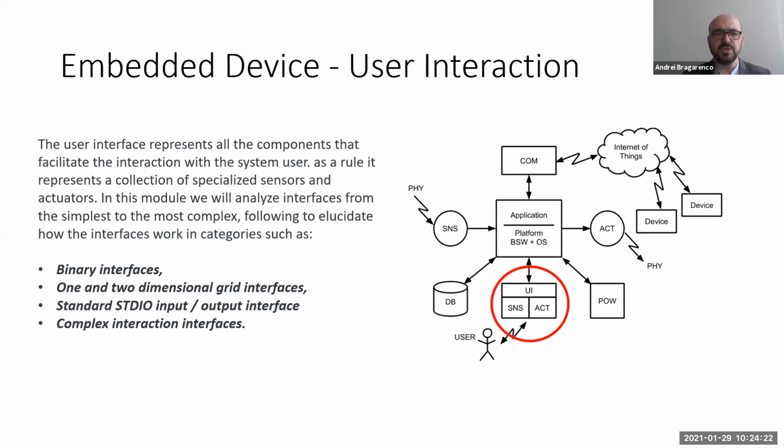We can use standard input-output to redirect the user interaction interface. That means we can have information from the keyboard or from a remote keyboard, via a socket from the internet, but we will use the standard input-output interface.